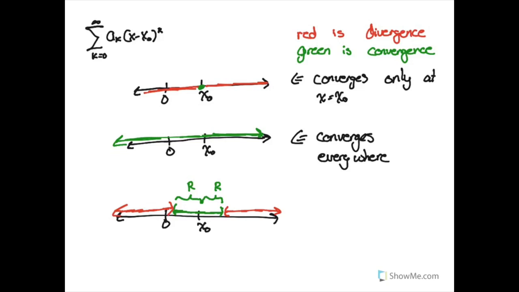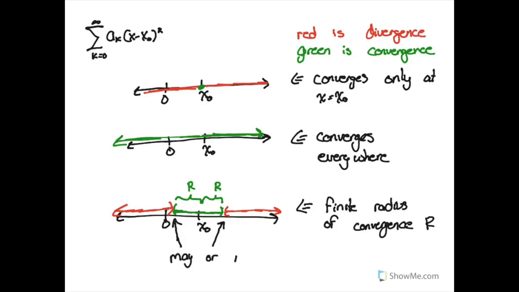So this is a finite radius of convergence R. And an important note is it may or may not converge at these points, so you have to check that manually. It may or may not converge at x equals x naught minus R or x naught plus R.